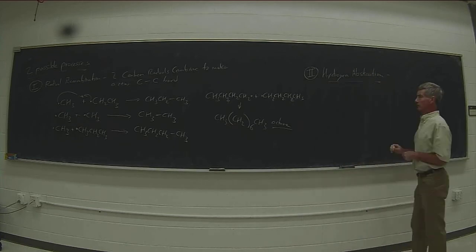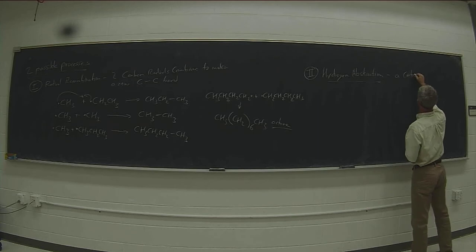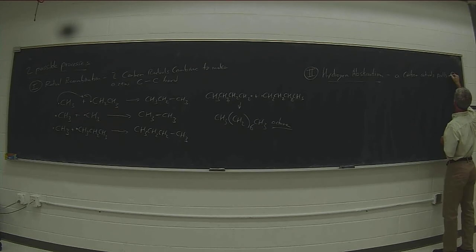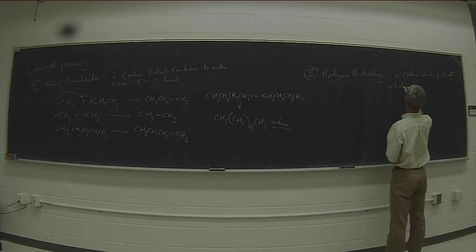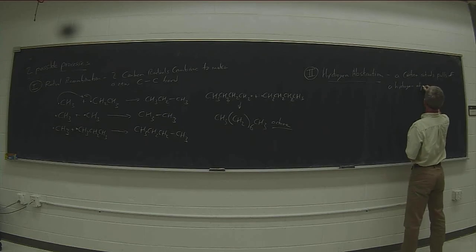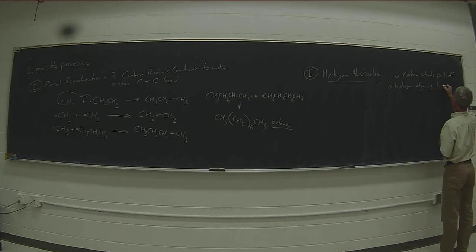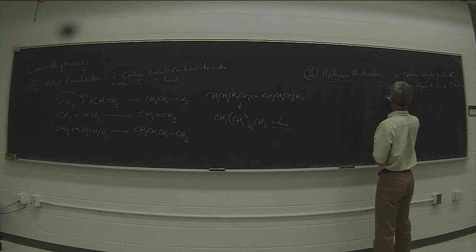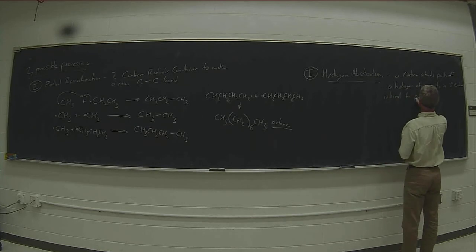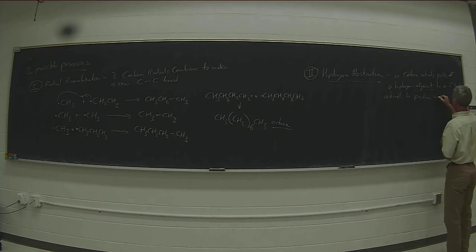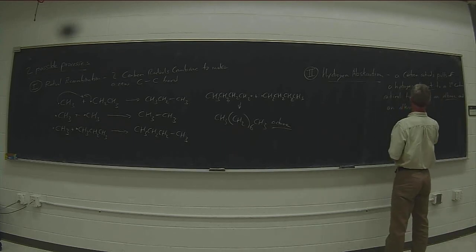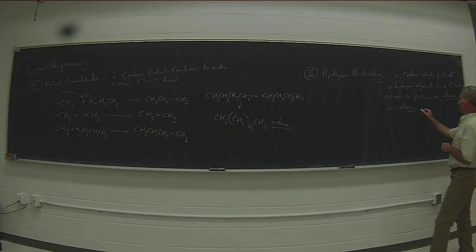And in hydrogen abstraction, a carbon radical pulls off a hydrogen adjacent to a second carbon radical, to produce an alkane and an alkene. So we make carbon-carbon double bonds here.